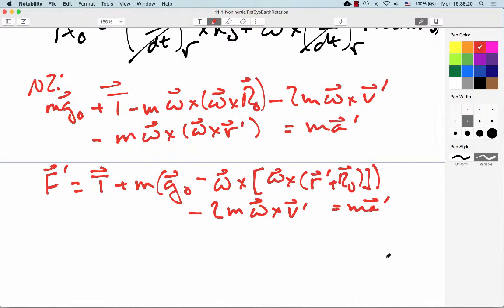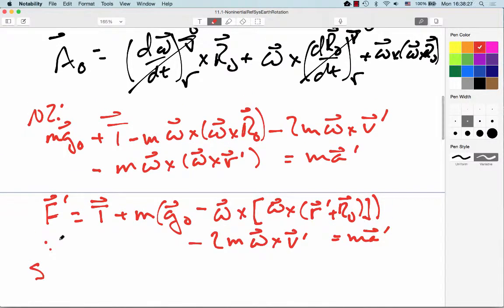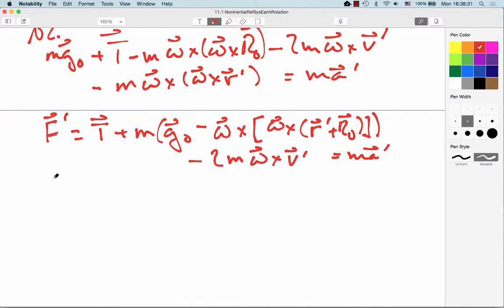Okay, now since we're looking at a static bob here, we're not letting it swing yet. For a static bob, v prime is 0.